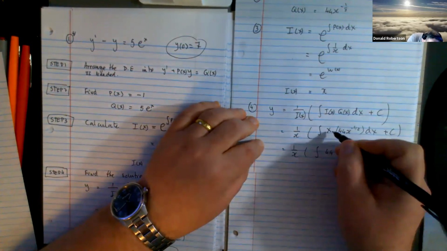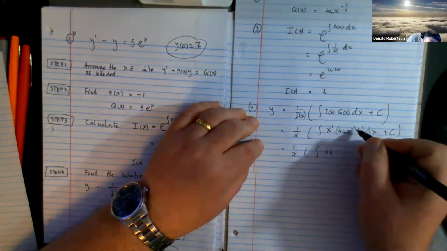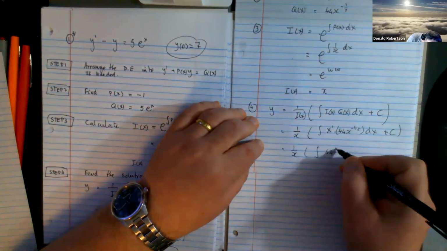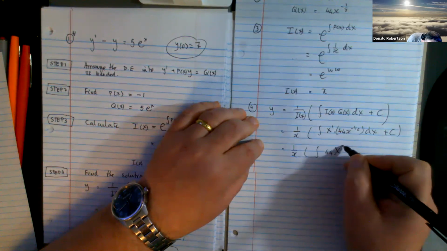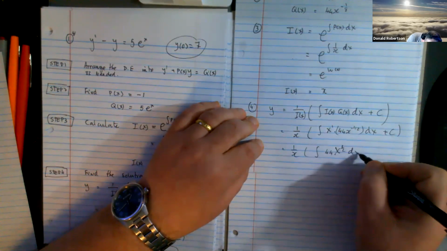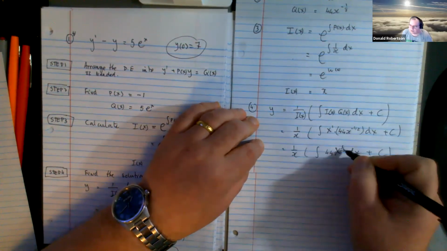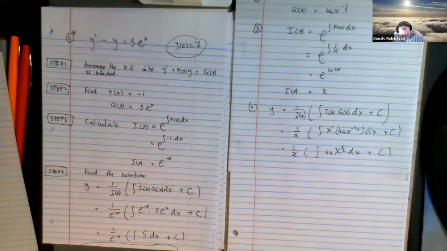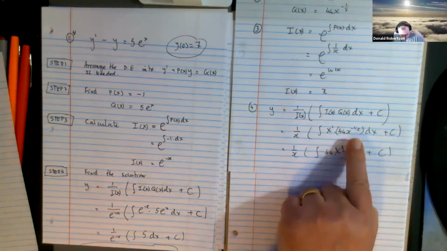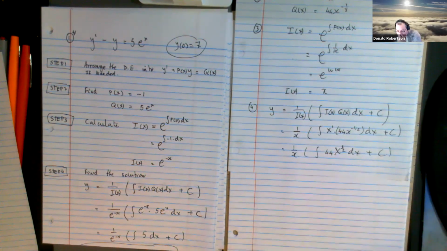And an x to the 1 essentially times an x to the negative a half, you eventually get x to the positive a half. Are you happy about that becoming this? X times x to the negative a half leaves you with x to the half. And you notice I'm not calling it square root of x. I'm calling it x to a half because I still have to integrate.